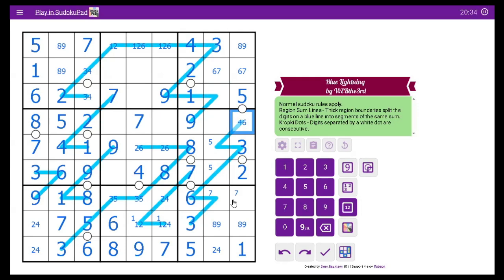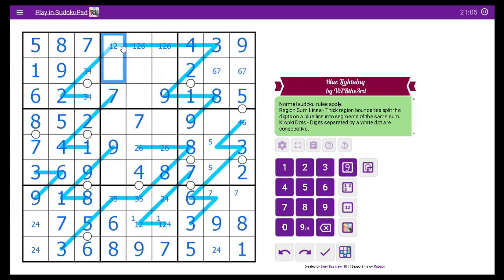Hmm. Oh, this is 8 because 1 and 8 sum to 9. I probably should have realized that a long time ago. But that's going to give you the 9 and the 8, the 9, 8, 9. Which is going to give you an 8 here.